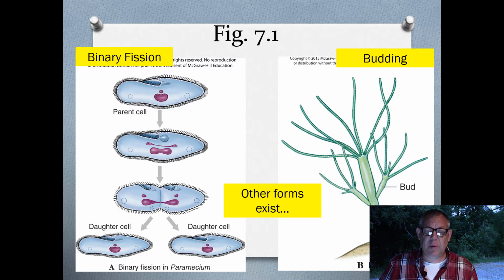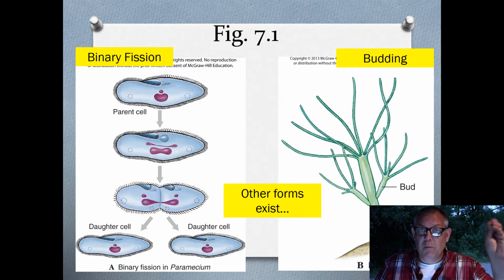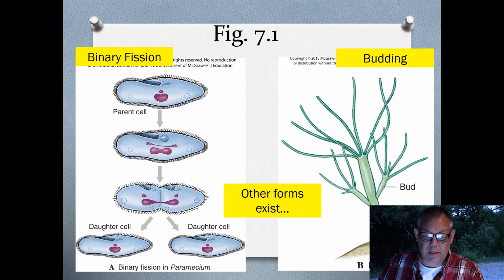Binary fission, you've got the paramecium here. Again, not an animal. But it simply reproduces by splitting in two. That's what bacteria do. Budding, by this hydra, which is an animal: a small version of the parent starts to grow and then eventually breaks loose. There are other forms of asexual reproduction in the animal world.